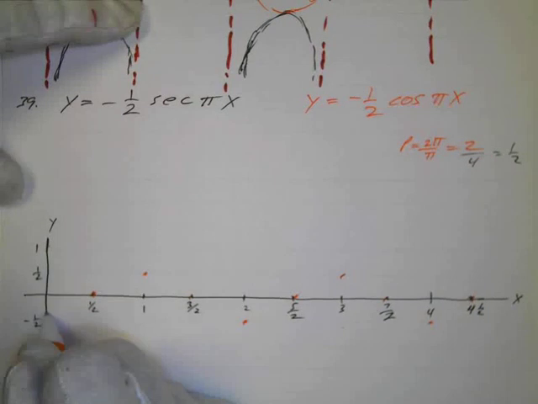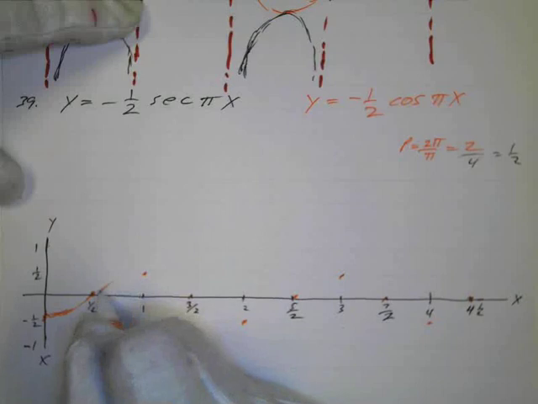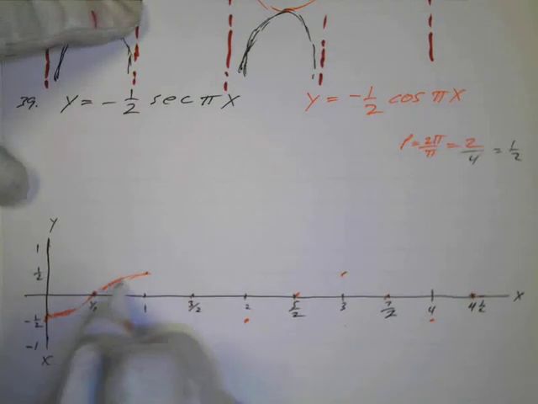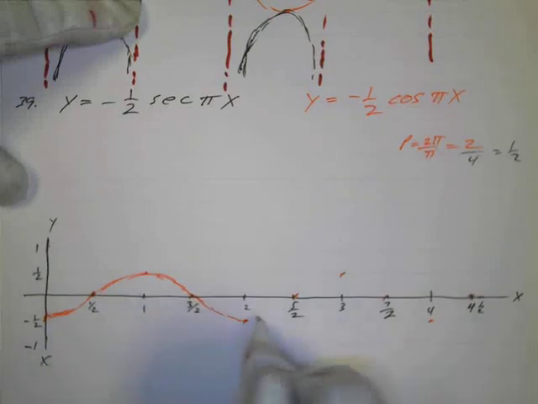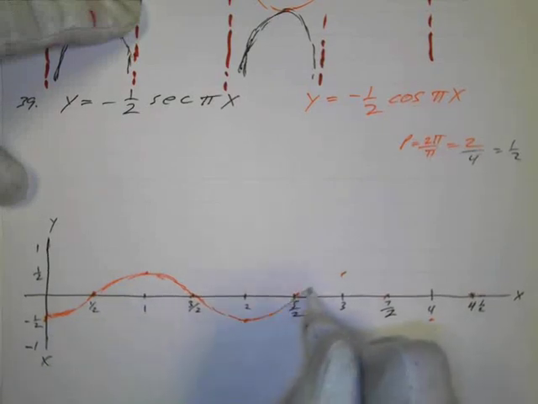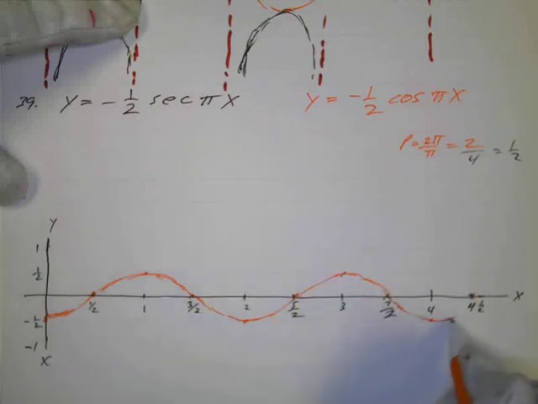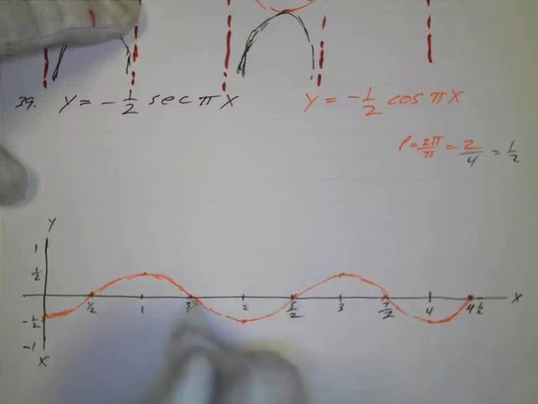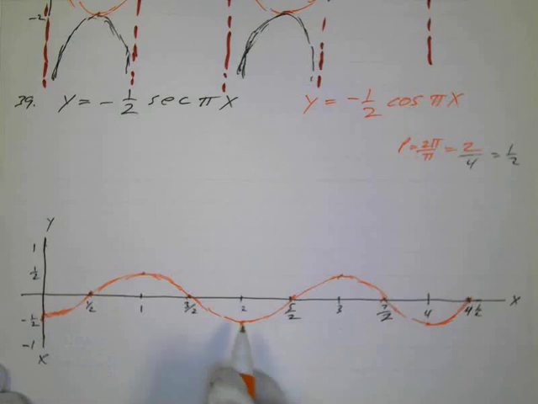Again, one more. And there you go. So it starts like this. Looks almost like a roller coaster, right? Yeah, like a nice bumpy roller coaster. All right, so there's our 2 periods.